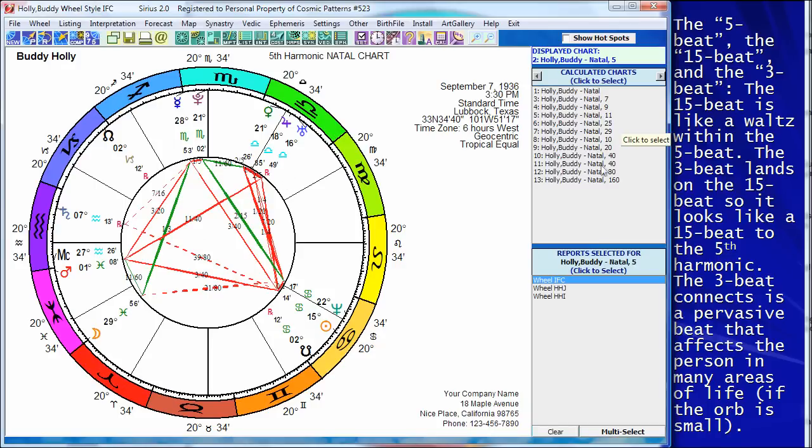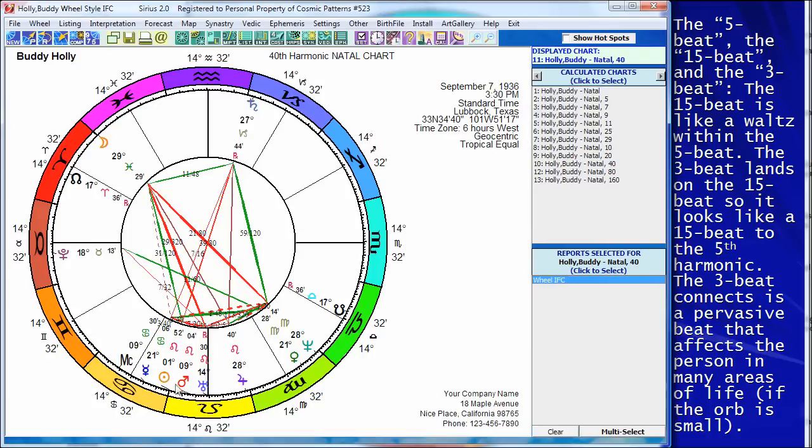So I can say, let me look at the 40th harmonic chart. It turns into a conjunction, and now I know I have an allowable 16 degree orb. This is a 5 degree orb, so it's pretty strong. It's very well within orb. So doubling the harmonic causes the aspect to become half of what it was and doubles the orb.